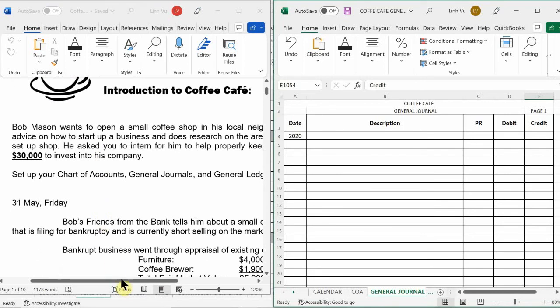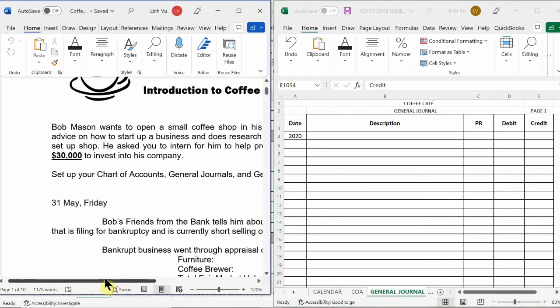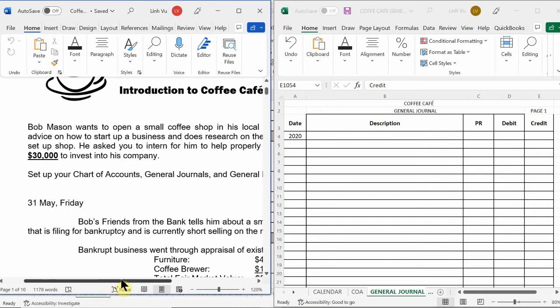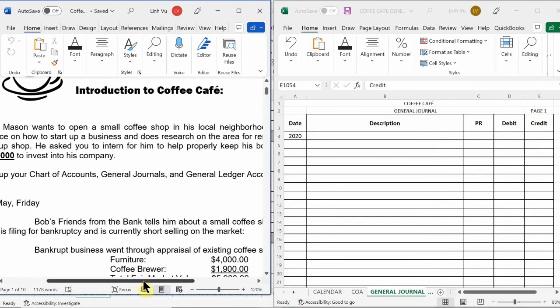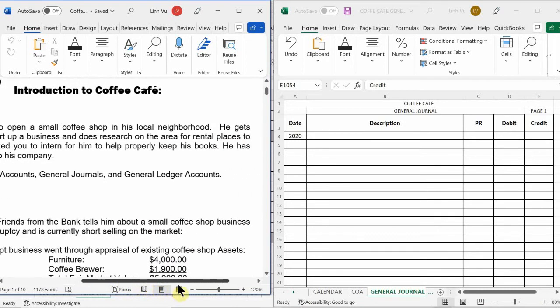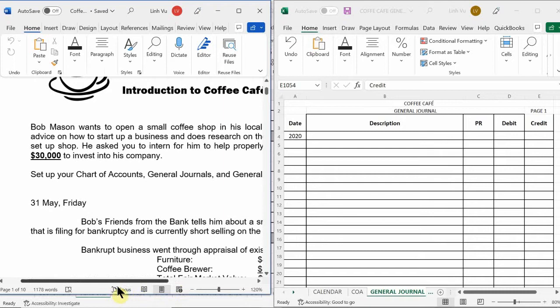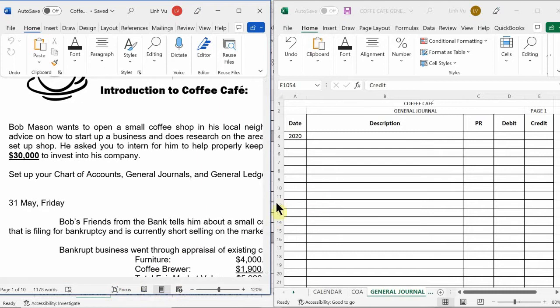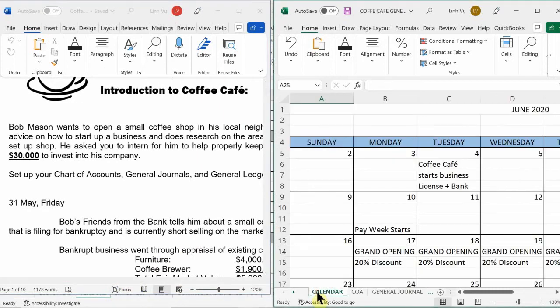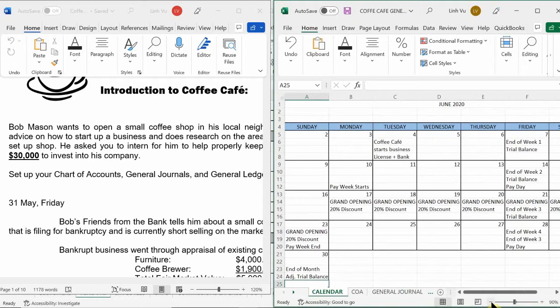Here it says right here, set up your chart of accounts, general journal, and general ledger accounts. So in this case, we've already done so. I have the calendar of what to expect for this month, of activities that we're going to be doing.